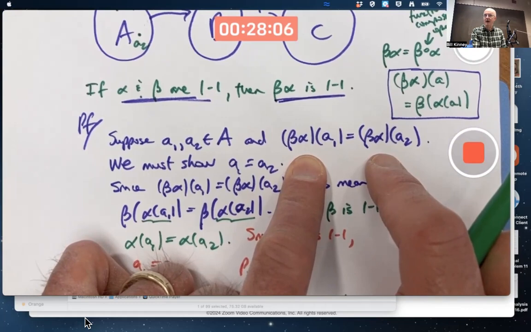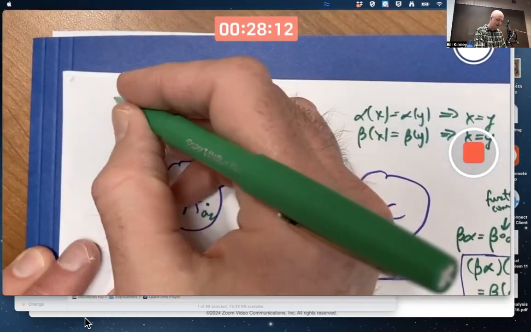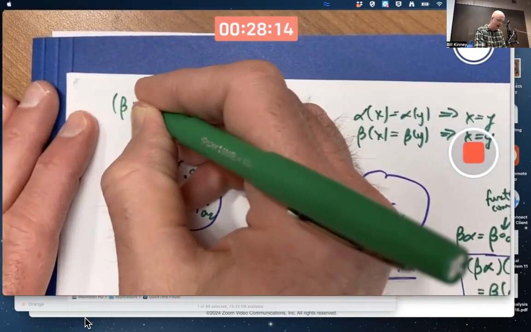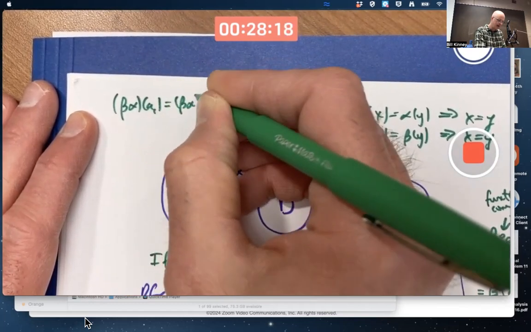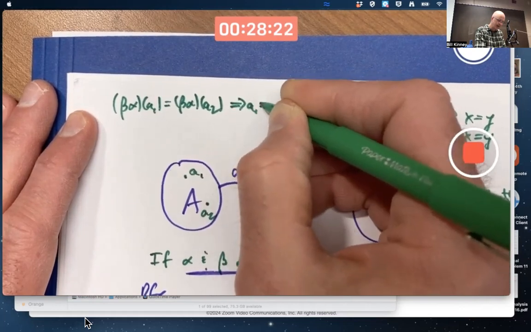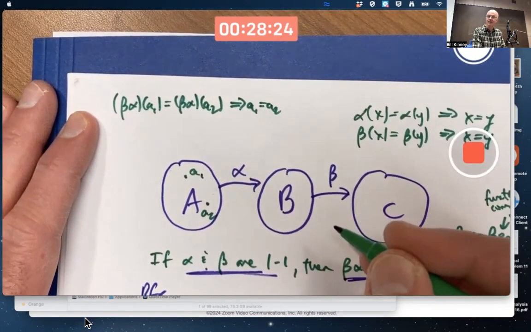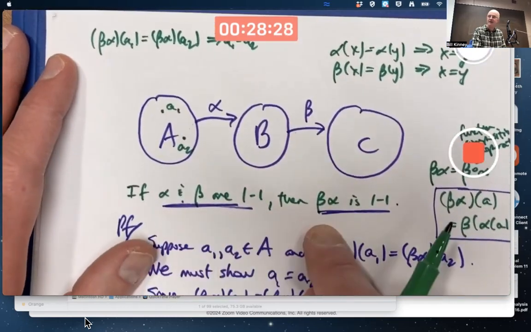That's called the contrapositive of the original implication. We were trying to show that beta alpha of A1 equals beta alpha of A2 implies A1 equals A2. We did prove that implication, therefore we proved this fact here.